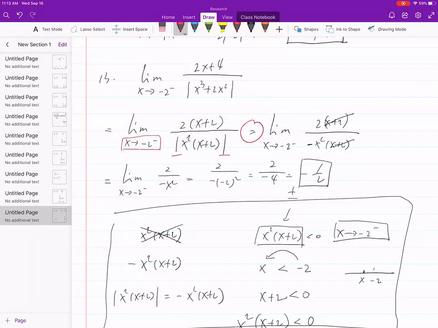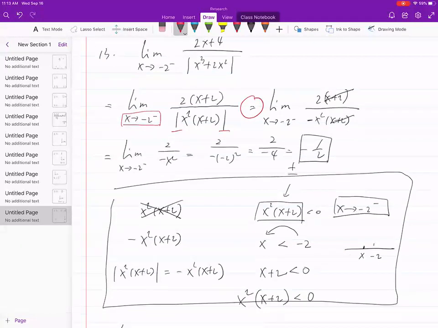This works for any question involving absolute value, because you basically just remove the absolute value, and the way to remove it is to know whether the thing inside is positive or negative. Sounds good? Okay.